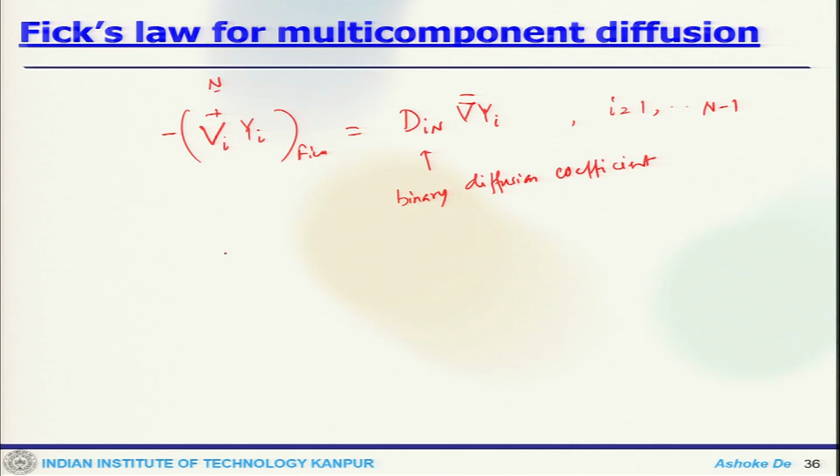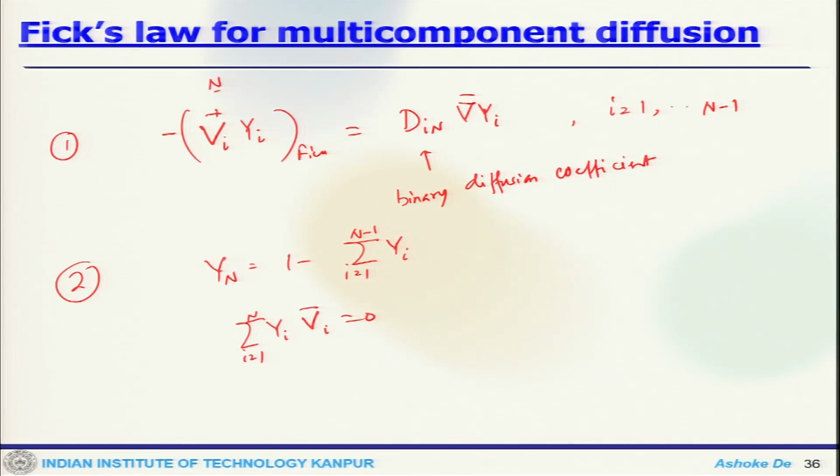Then, in step 2, we can solve for the carrier species, which is 1 minus summation of Yi for i equals 1 to n minus 1, which guarantees that the summation of Yi Vi bar is 0.